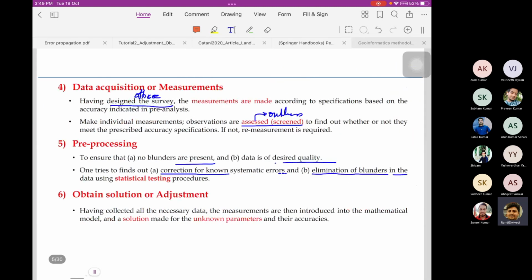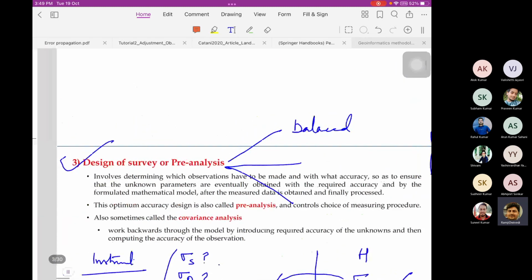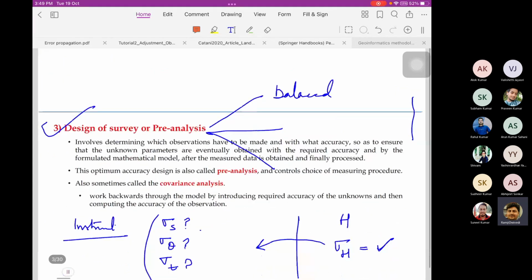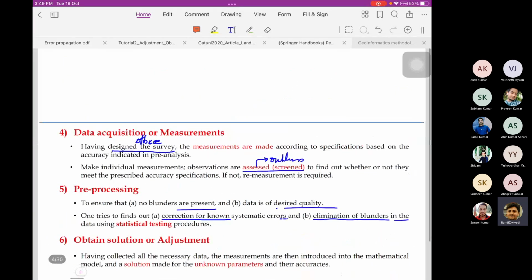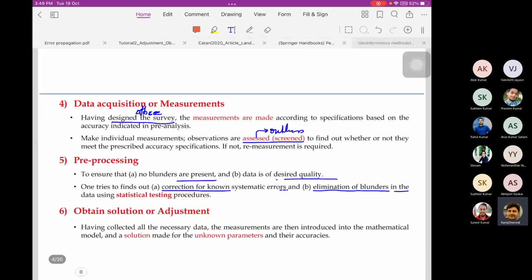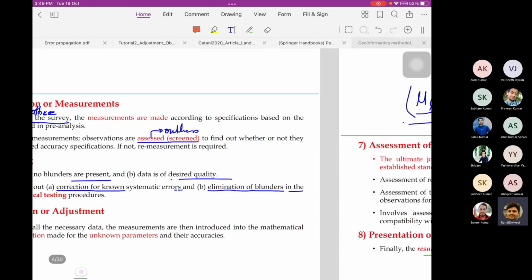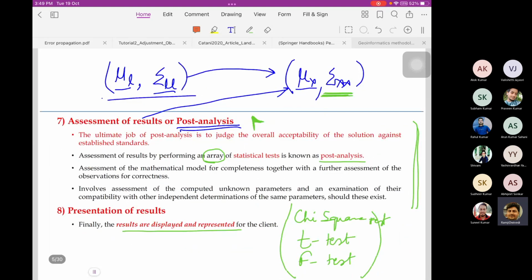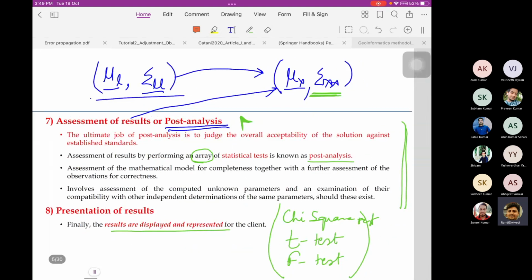Again, quickly revisiting: identify parameters and their precision, set up the mathematical model, perform the pre-analysis. Then once you finalize that, yes, we are okay to go ahead, you take the measurements, you do the data acquisition, you do the pre-processing, you obtain the solution of adjustment, and you assess the results and present it. So that's the overall methodology.